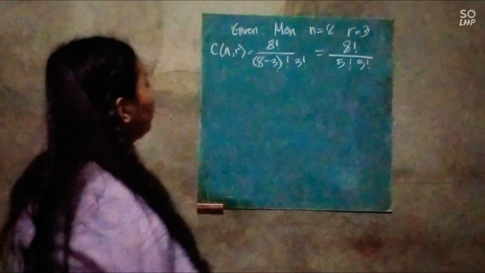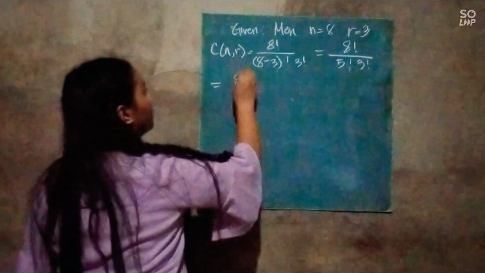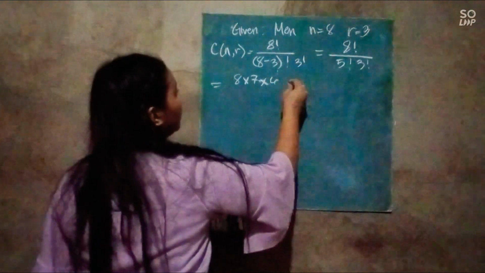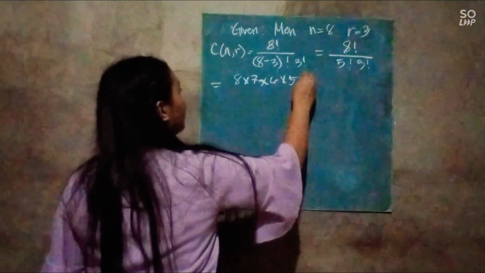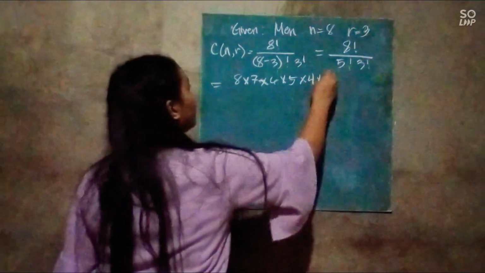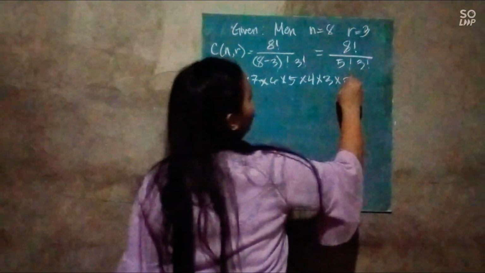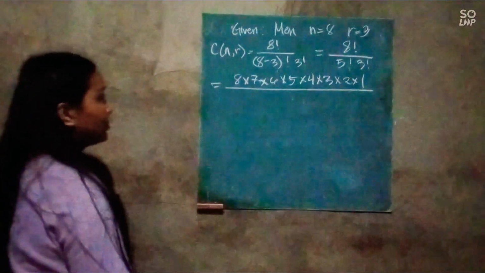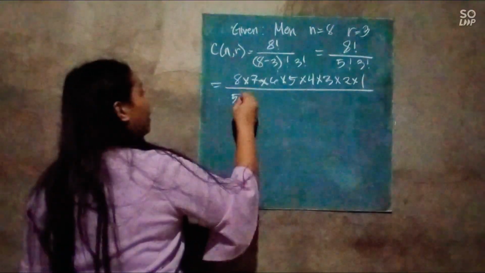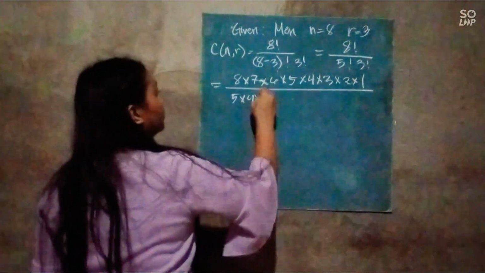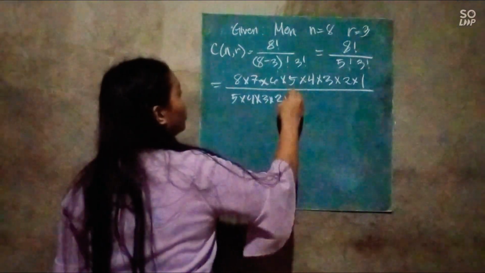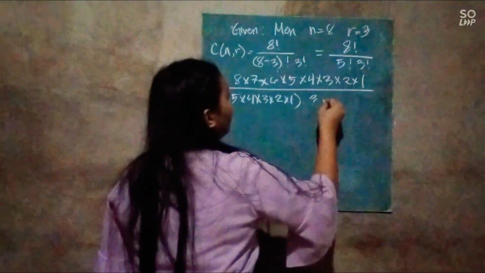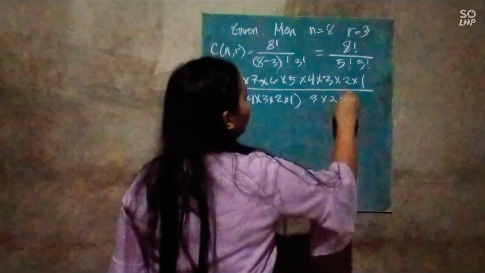So, 8 factorial is 8 times 7 times 6 times 5 times 4 times 3 times 2 times 1. All over 5 factorial, so 5 times 4 times 3 times 2 times 1. And 3 factorial is 3 times 2 times 1.